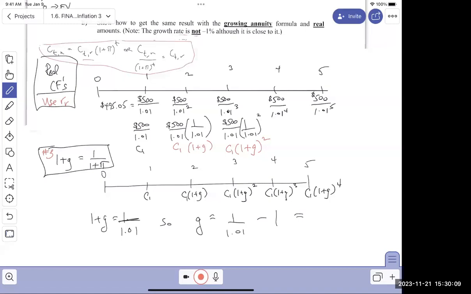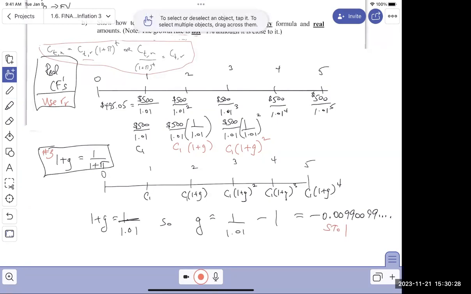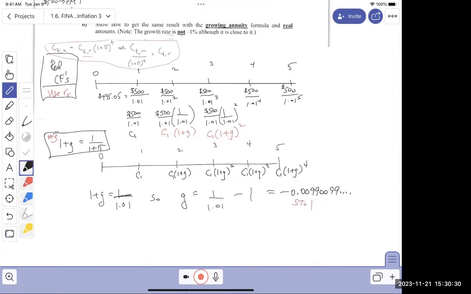Right, it's negative. Yep. And then it's 0.00990099, exactly. So it goes and goes and goes. So you're going to store it. Store 1. And now you're going to use it. Okay, so it's a really messy number. You don't want to write it out. You want to use the storage keys.